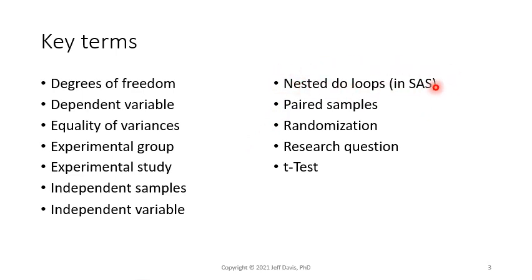This has nothing to do with experimental research, but since we're running a simulation of experimental data, nested do loops are a really nice way to efficiently write a program where you want to create that type of data. So we'll talk quite a bit about that just to make sure you understand exactly what's going on.